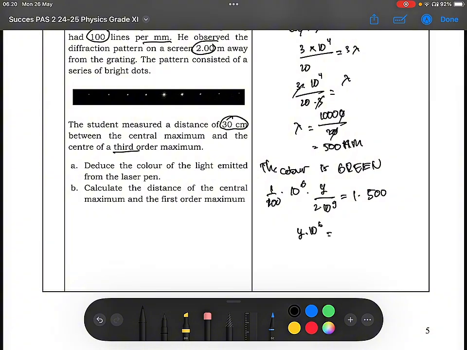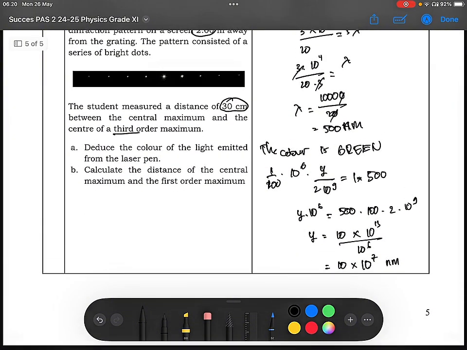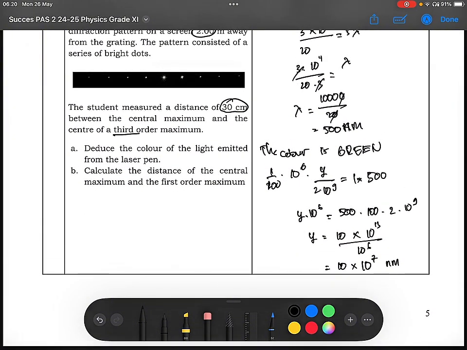Y is 500 plus 100, and after the conversion, nanometer to millimeter, so 10 centimeter.